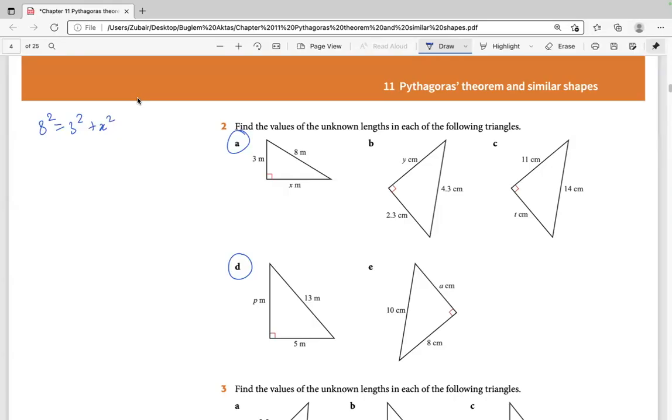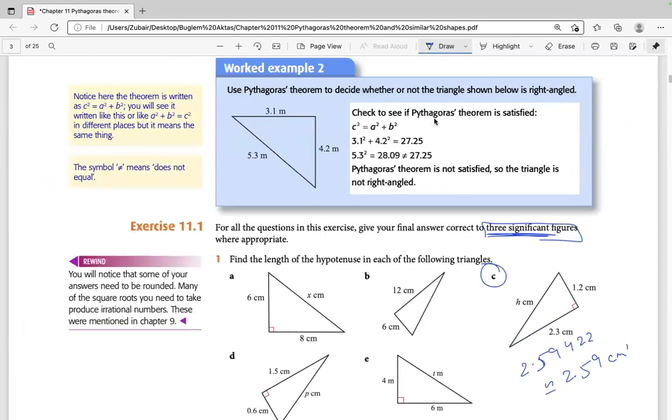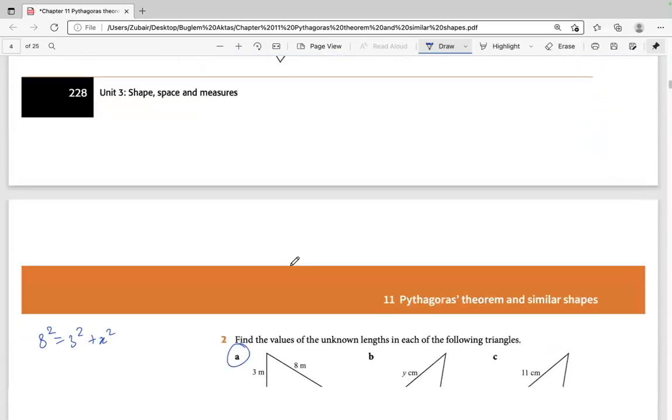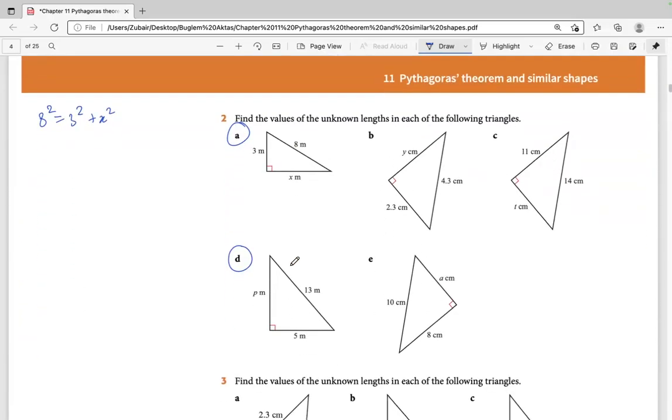And then we still have to keep it to three significant figures. It is for every question. So that would be 7.416198. So what is it up to three significant figures? 7.4.